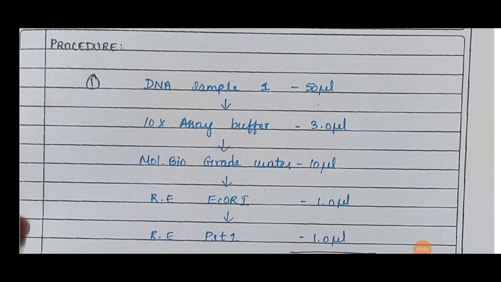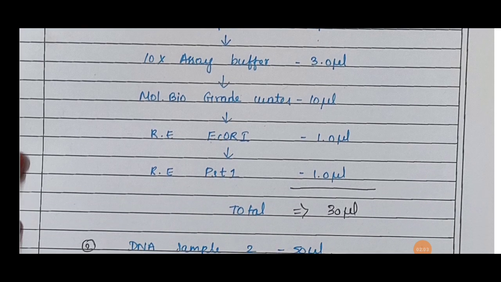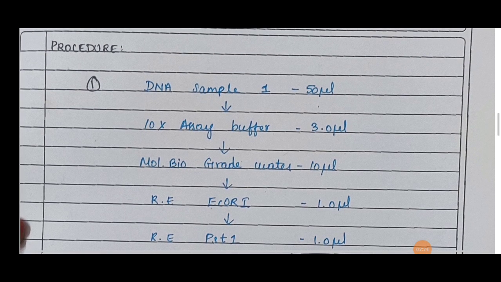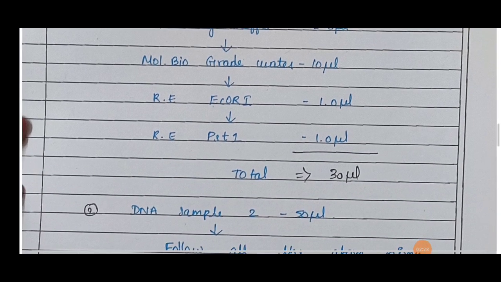And restriction enzymes, here 2 restriction enzymes are used, that is EcoRI and PstI. These 2 enzymes, 1 µl we have to add of each. So total 30 µl in each Eppendorf tube. Okay, this is for the first genomic DNA sample, that is the standard sample.